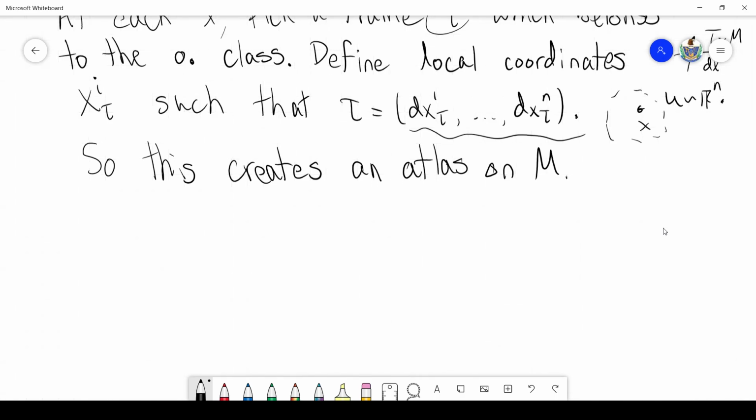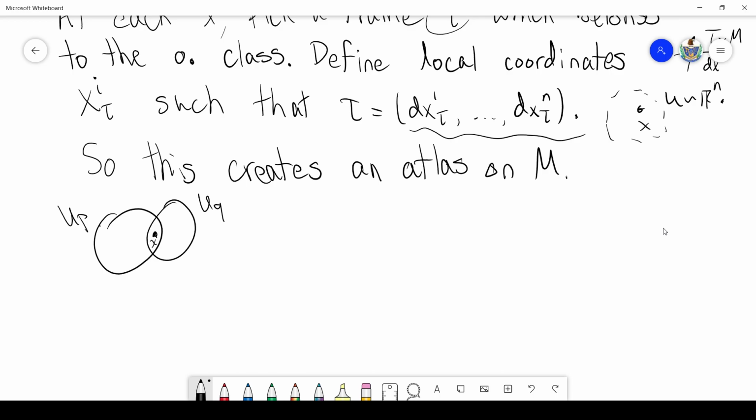And so now we want to show that on overlap regions, so let's say we have overlap regions, we want to show that the Jacobian of the transformation, or the transition function, is positive.